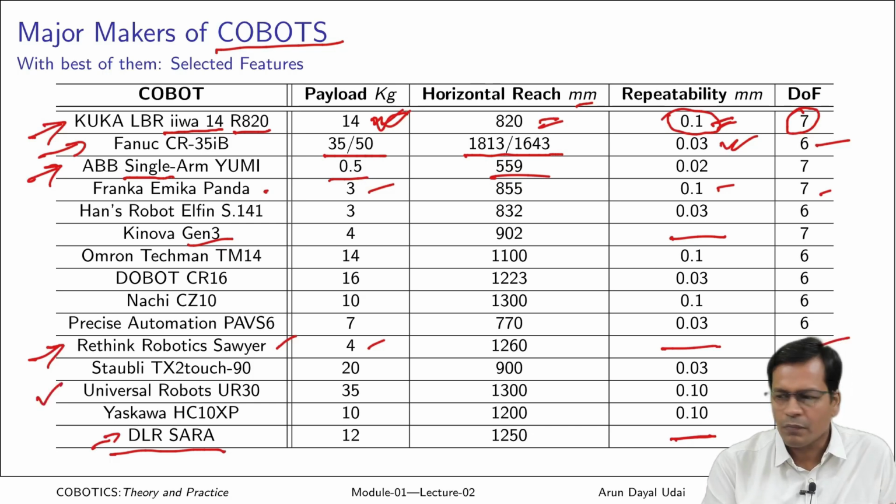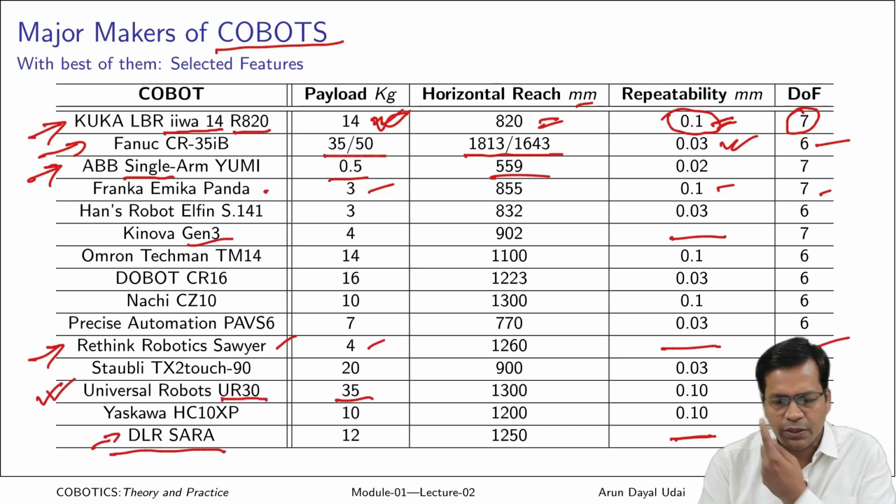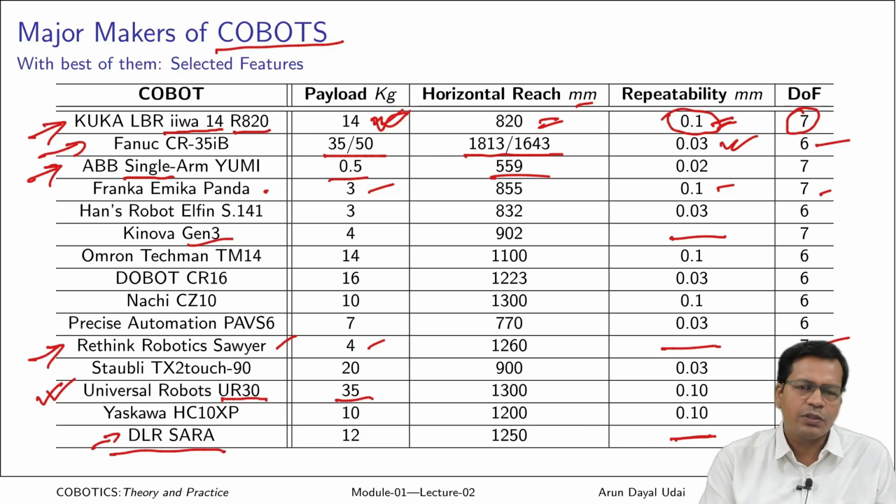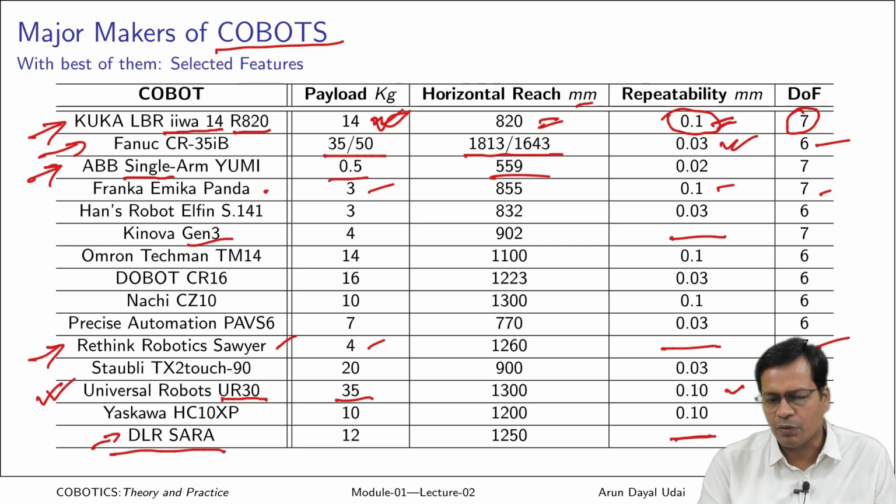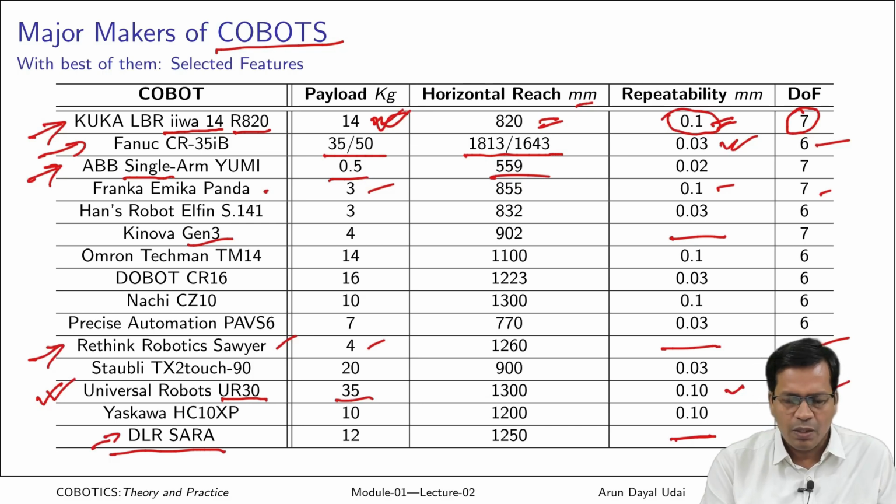Universal Robots is very popular. It is the UR30 I have listed here. It has a 35 kg payload capacity. There are many other academic versions like the UR5e, which I have seen in quite a lot of research papers, and this also has a good repeatability. It's a 6 DOF.